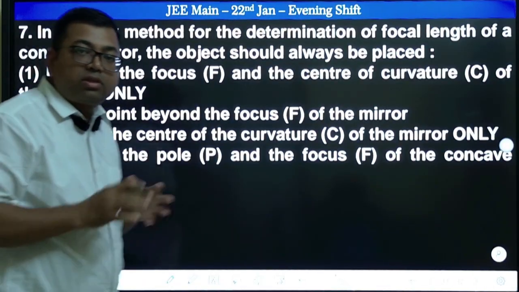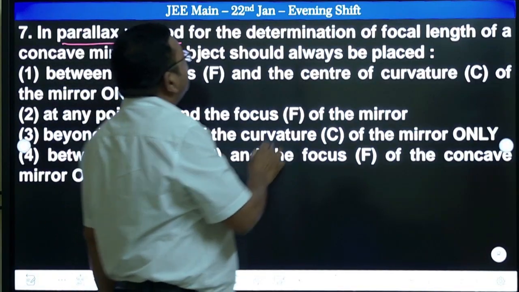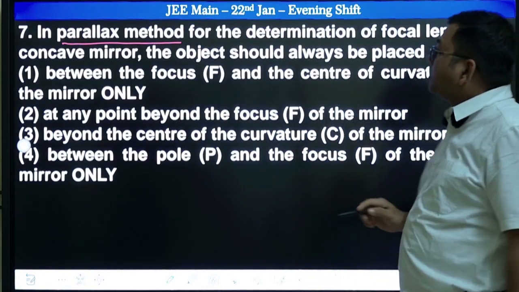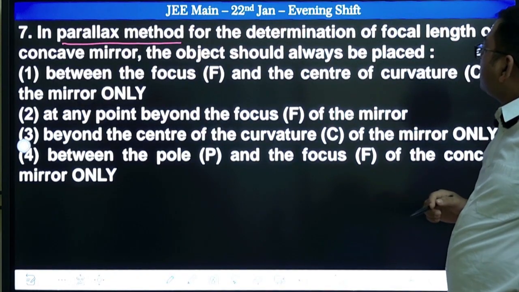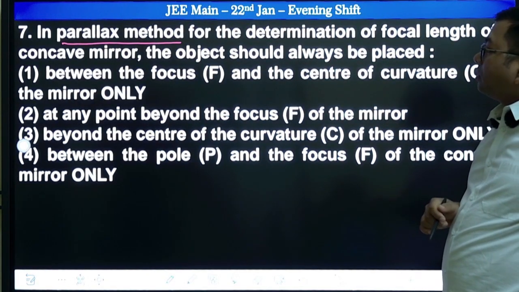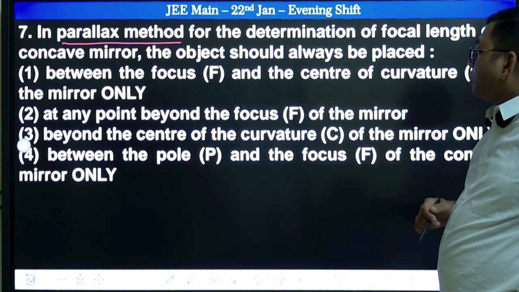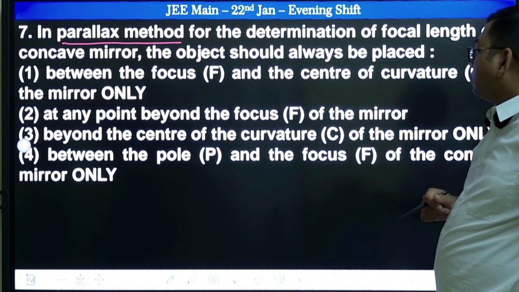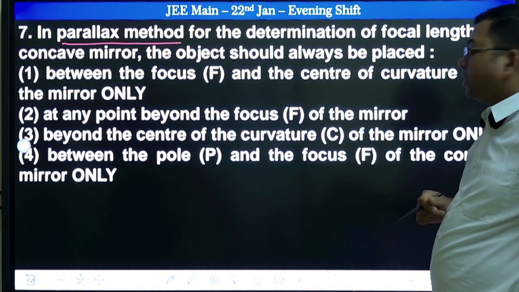Okay, let's go to this question. In the parallax method for the determination of focal length of a concave mirror, the object should always be placed between the focus F and the center of curvature C of the mirror only; at any point beyond focus; beyond the center of curvature of the mirror only; or between the pole P and the focus F of the concave mirror only.